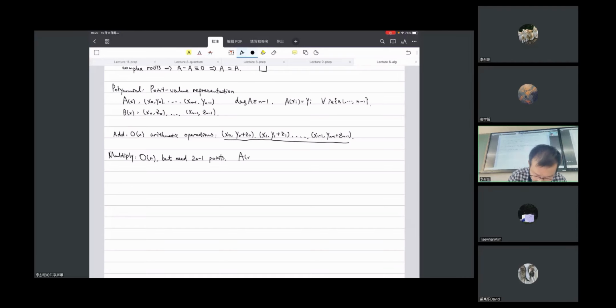So for 2n minus 1 points, we need to be a little bit larger. So maybe originally the input here should have had twice as many points.